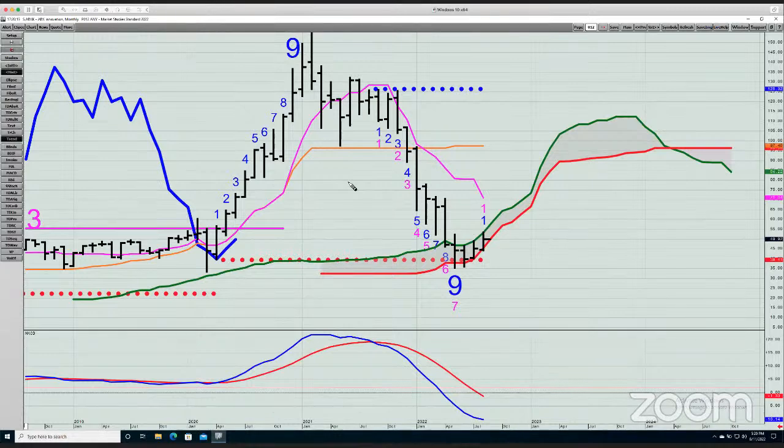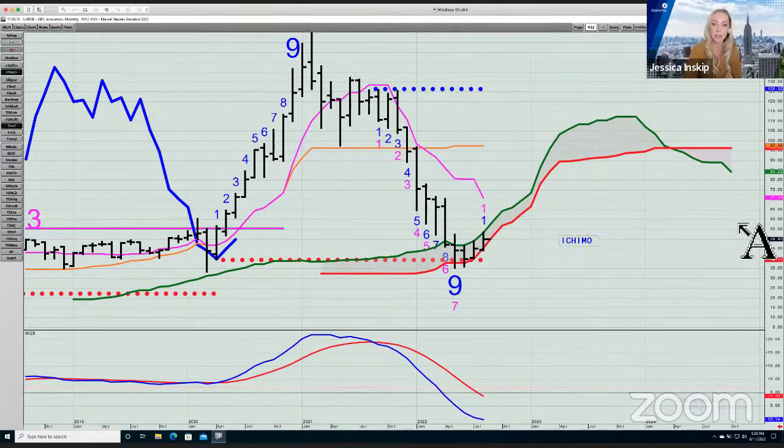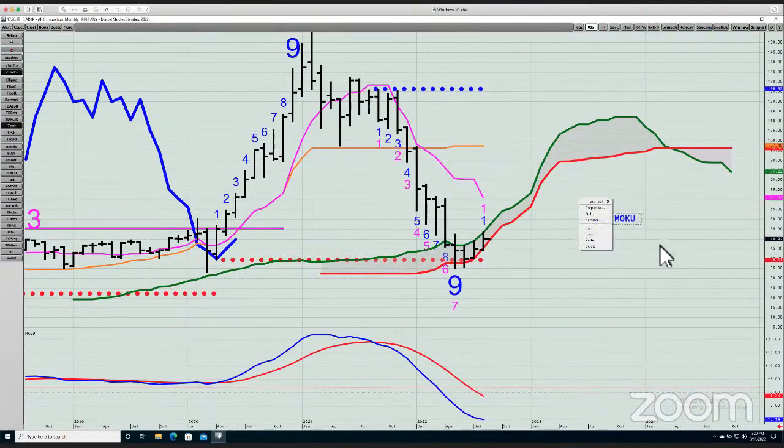The name of this model, and I'm going to put it here on my chart. I'll just add a text here. It's Ichimoku. Here, let me use capital letters. I always spell that wrong too. Okay, and here it is.